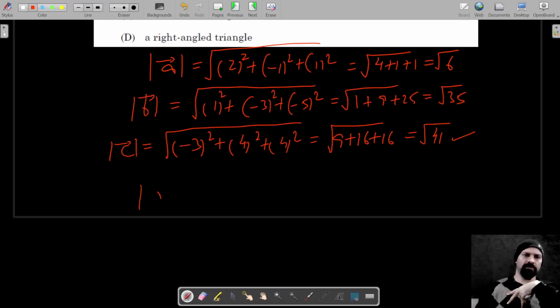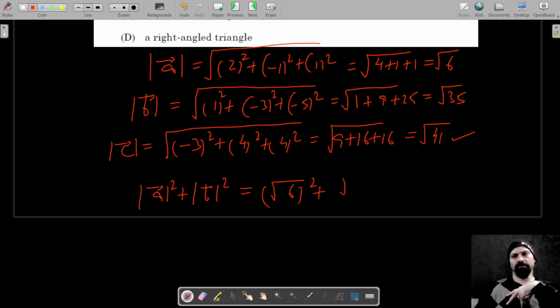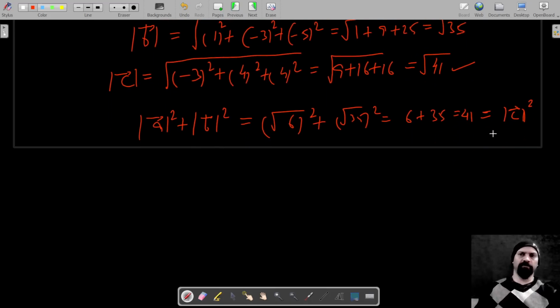So if we take the square of the smaller sides, that is square of under root 6 plus square of under root 35, which gives me 6 plus 35 is equal to 41, which is equal to the square of magnitude of C. So A square plus B square is equal to C square.